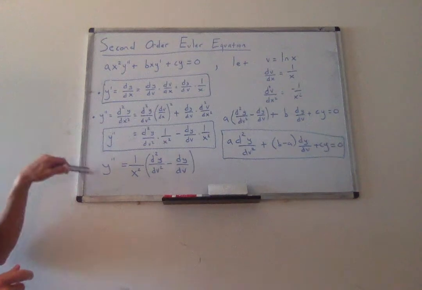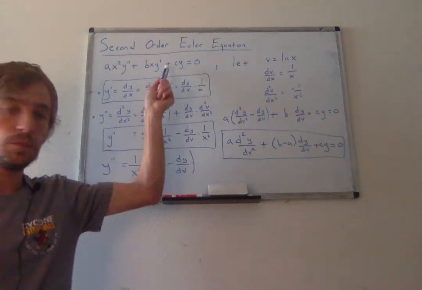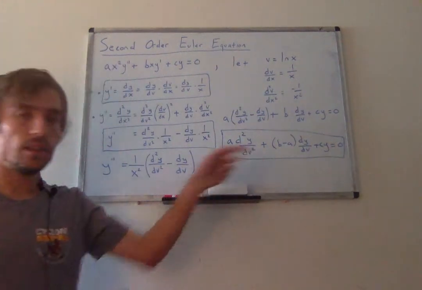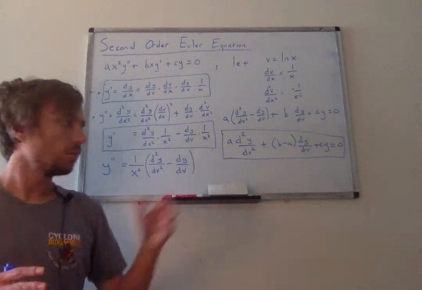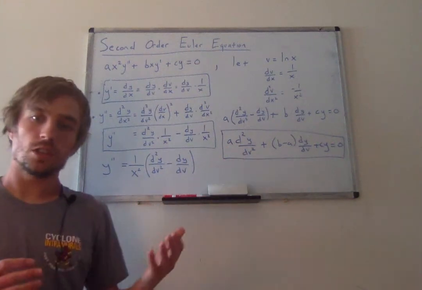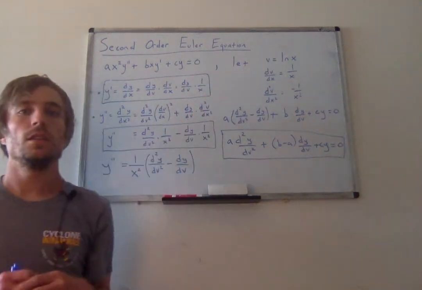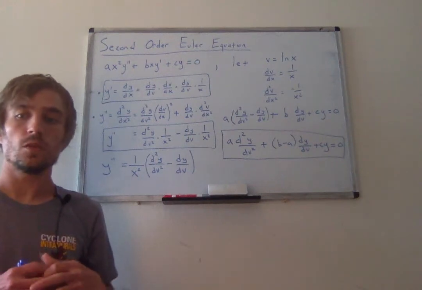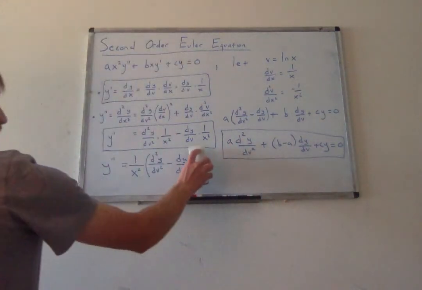And so using these two relations and this substitution, you transform this problem into one we know how to solve. And then once you've gotten to this step, you can solve this. After solving, you just have to remember to substitute v equals ln x back in order to get a solution in terms of x and y. So I want to go over one problem using this technique.